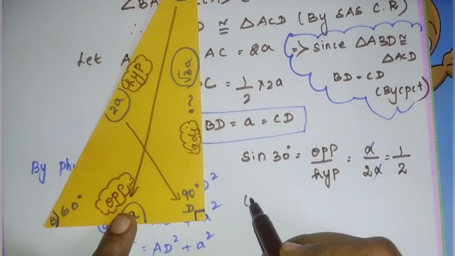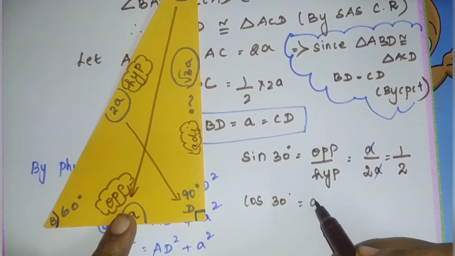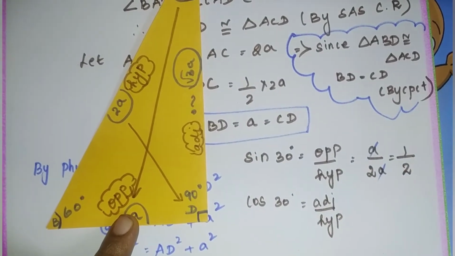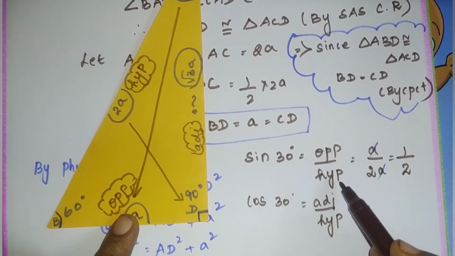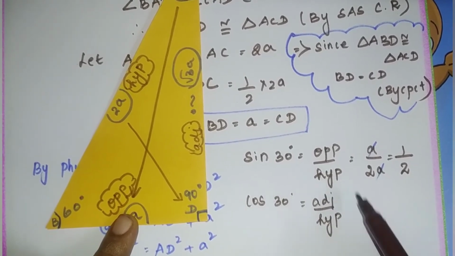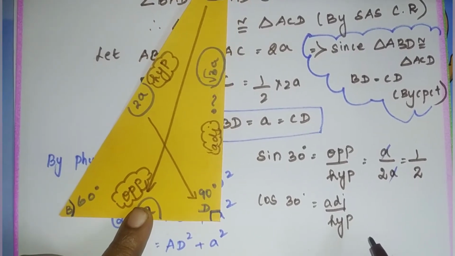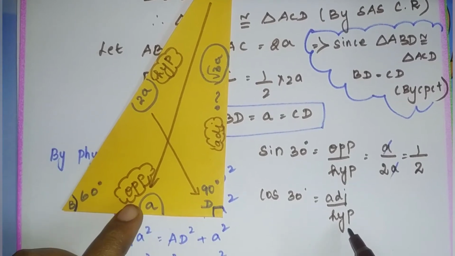Next, cos 30 degree. What is the formula? Adjacent by hypotenuse. If you have any doubt with these formulas, opposite by hypotenuse, adjacent by hypotenuse, the trigonometric ratios formula, see the description box, the introduction to trigonometry will be there.